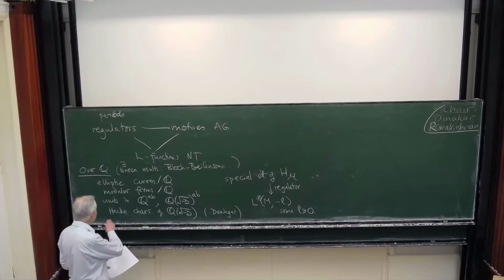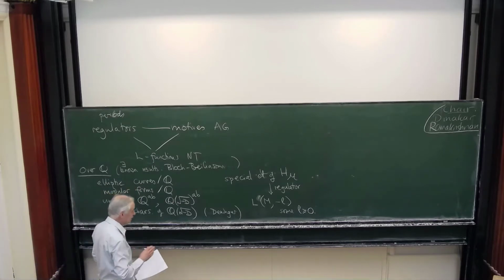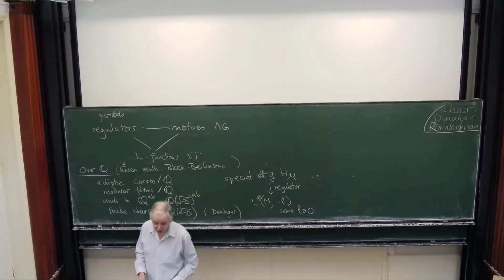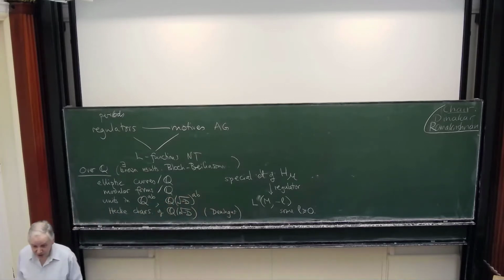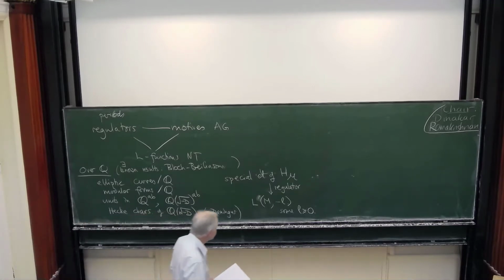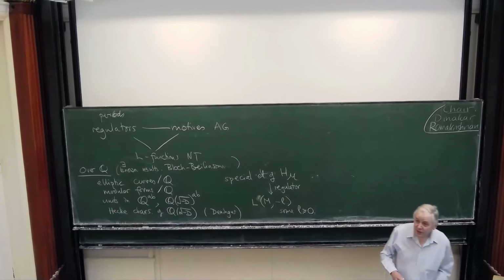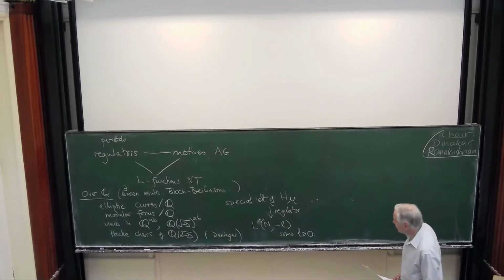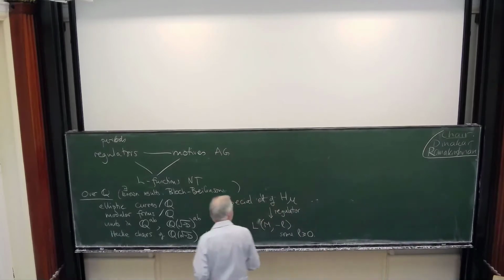And the case, for example, for K2 of an elliptic curve is the value of the L-function at s equals 0, which is the first place where there's a zero forced by the functional equation in every case. Okay, so this is sort of taking this as known.